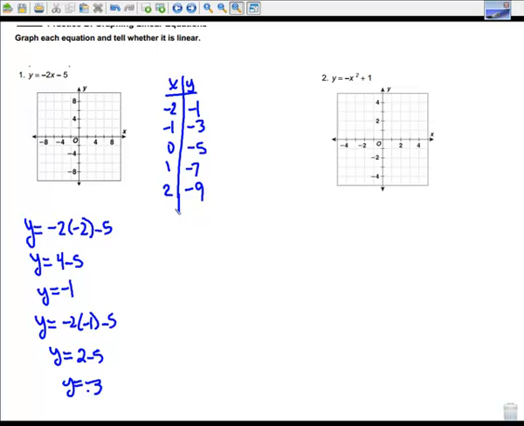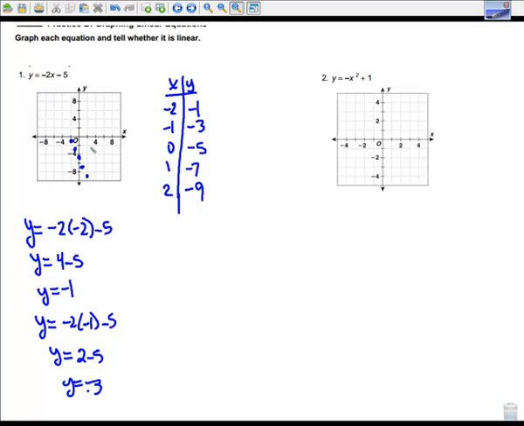Now I'm going to graph this out and see if it's linear. So I have -2, -1. Notice that my scale is going in twos. I have -1, -3, 0, -5, 1, -7, and 2, -9.